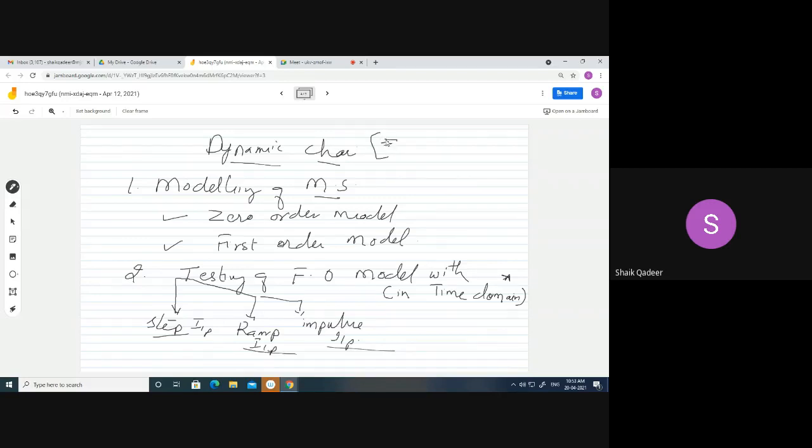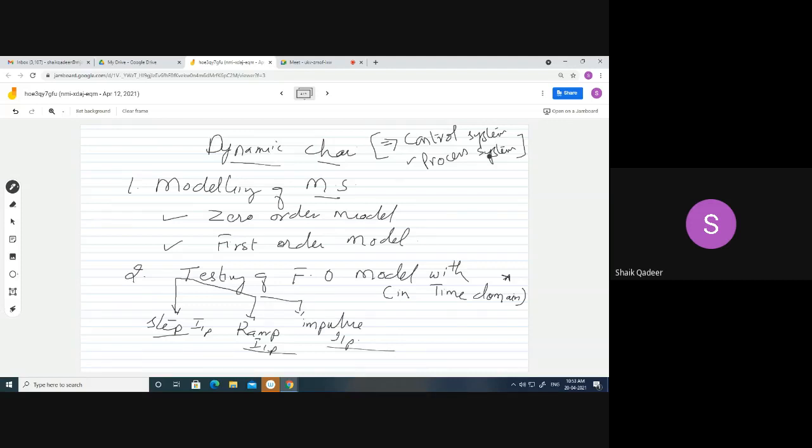There is a connection to the control system subject that we will see in detail, maybe in the fifth semester, I guess. There is also a subject called process control, where you will see the dynamic characteristics calculation.